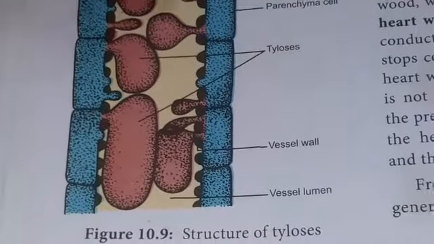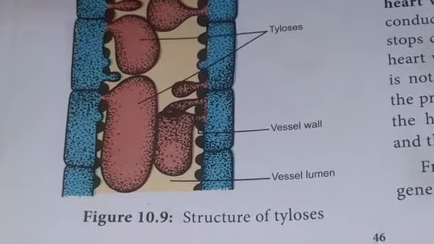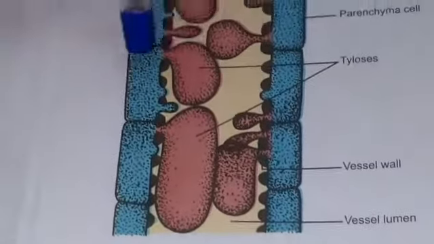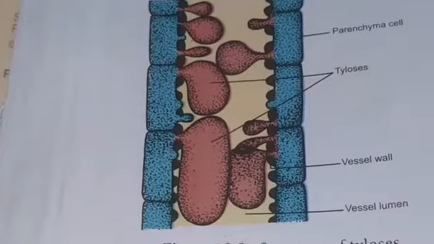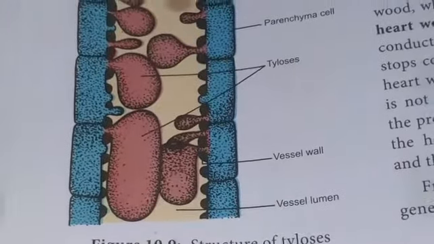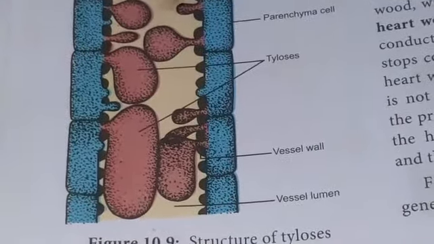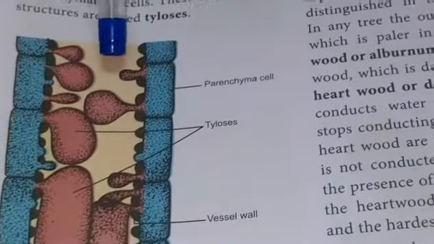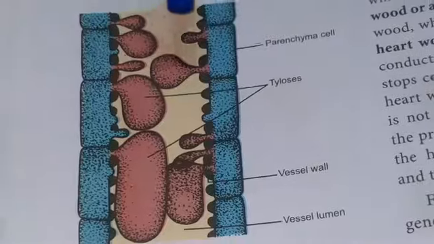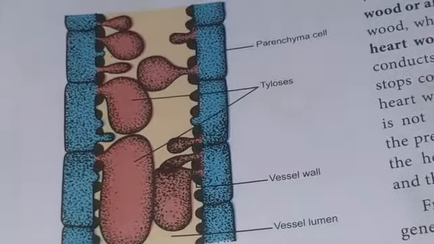So the xylem elements become blocked by a balloon-like ingrowth from the neighboring parenchymatous cells, called tylosis. So the secondary xylem vessels cannot function in the movement of water, because they are blocked by tylosis.